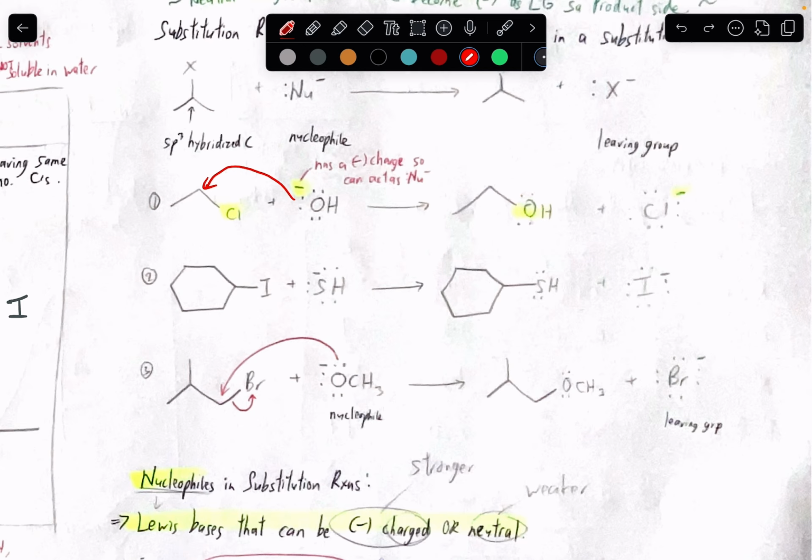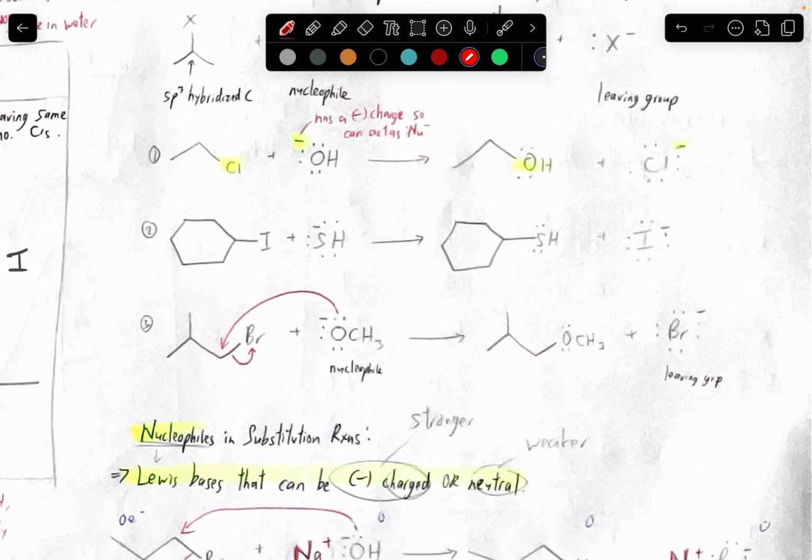Previously it was only bonded to hydrogen, but when you bond it to the carbon here, the minus sign is removed. It becomes neutral. Second example. This is another nucleophile.